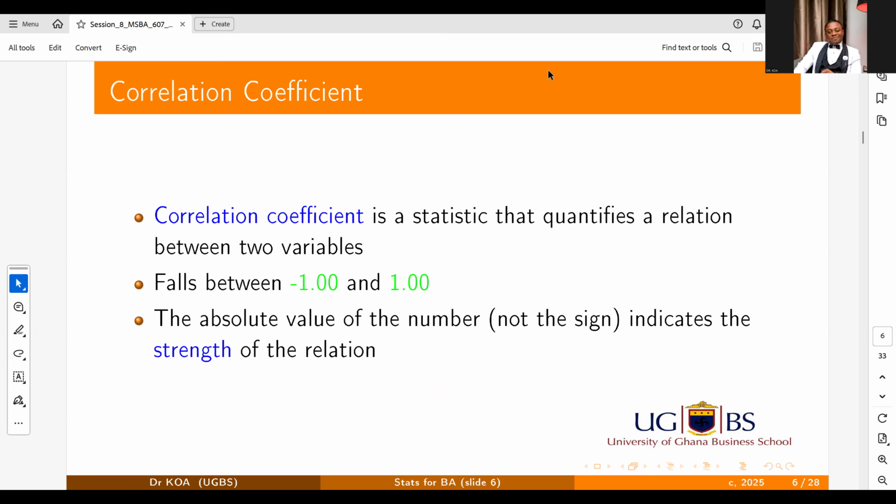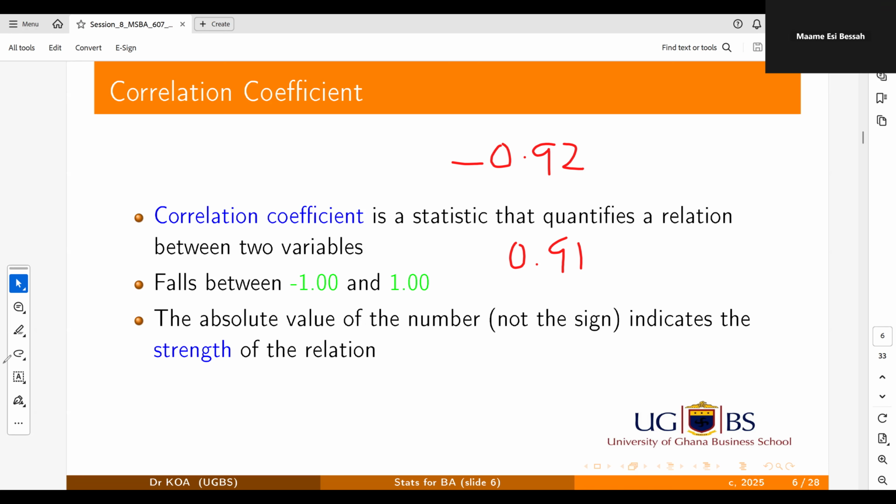So as an example, if you have a number that is -0.92, and you have another one that is 0.91, which one has a strong correlation? Which of these two? -0.92.